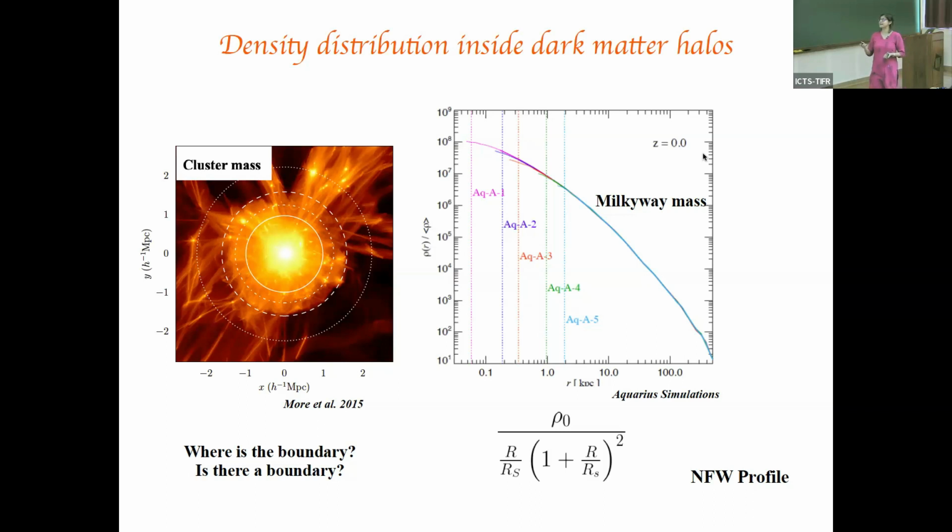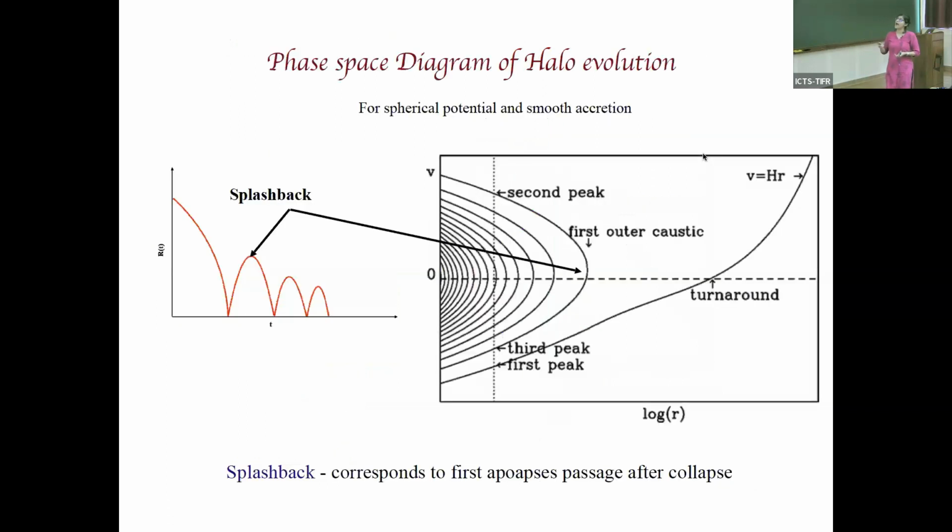So one of the things that I've been studying is whether there is a physical way of defining the boundary of the halo. Over the past few years, we've come to understand that there is in fact a dynamical way of defining what region of space we want to call within the halo versus not belonging to it.